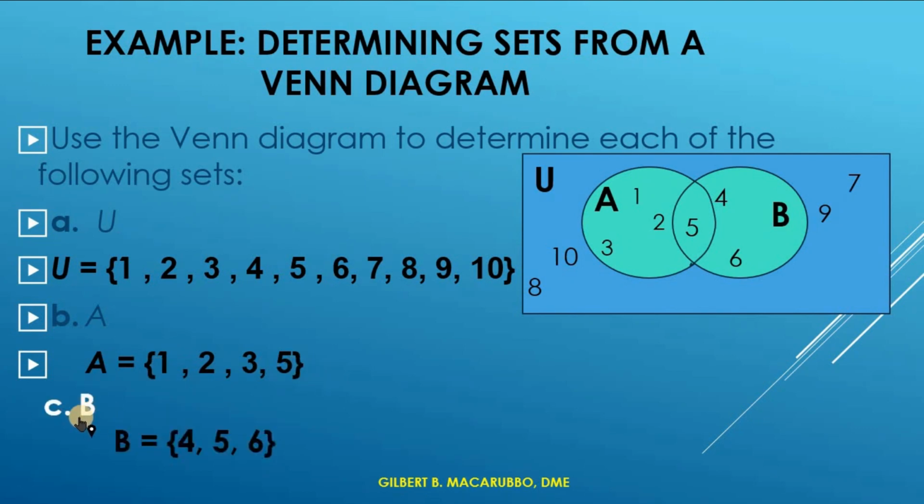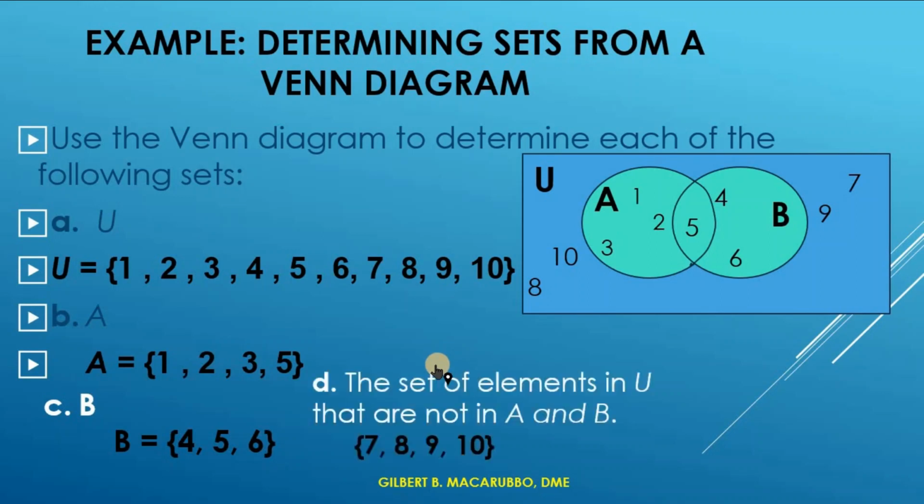We have set B. Set B contains 4, 5, 6. So, the set of elements in universal set that are not in A and B are 7, 8, 9, 10.